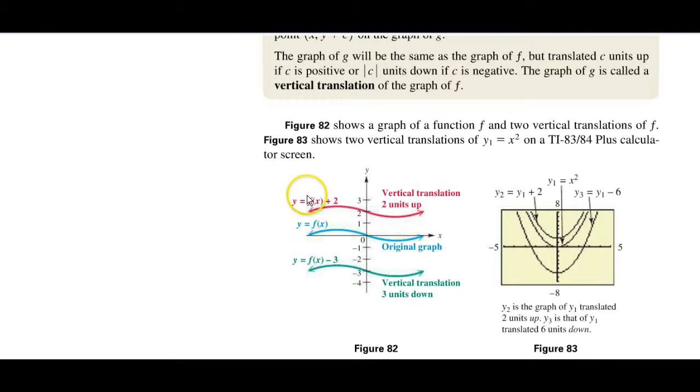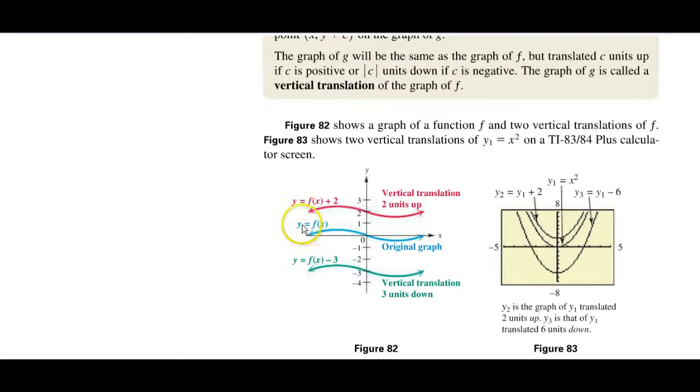Now, when I looked at this, I said, how did I get the wavy line out of that? This is just for demonstrating the y-intercept with the vertical translation from 0 up 2 units or vertical translation down 3 units. And again, what we're featuring is this plus 2 out here is your y-intercept.